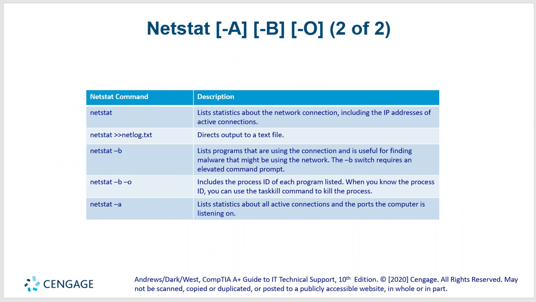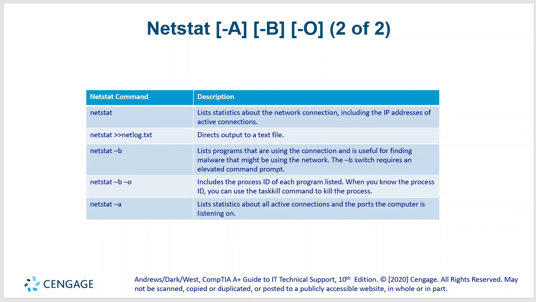And finally, just over half an hour, netstat lists statistics about the network connection, including IP addresses. Okay, and you can even have that information sent to a text file. You can list programs that are using the connection.